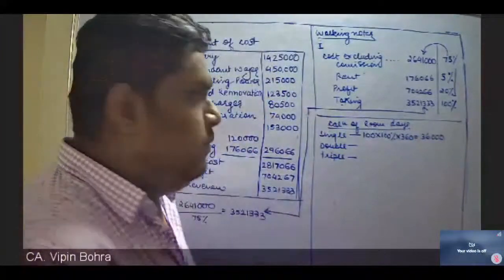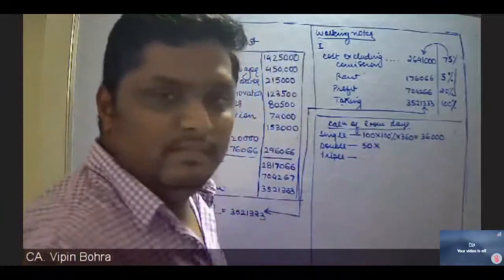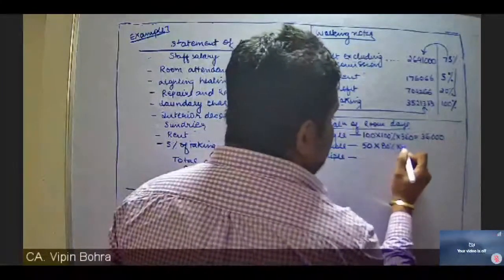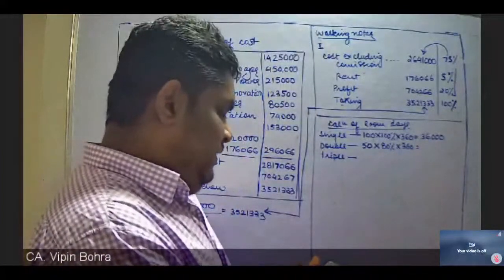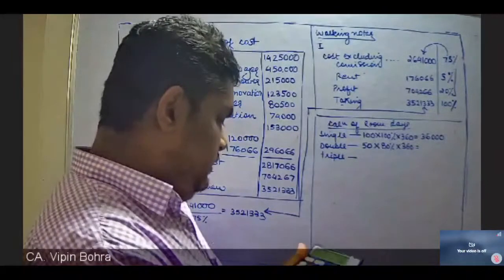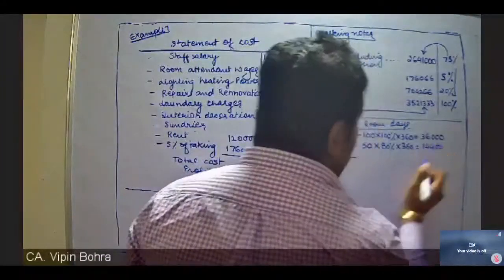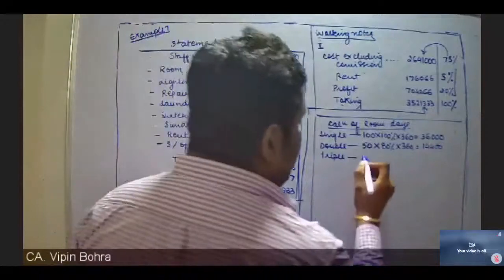Next, double room. How many double rooms? 50 double rooms. How much occupancy? 80% occupancy into 360 days. So 50 into 80% into 360 comes to 14,400. Triple room, 30.